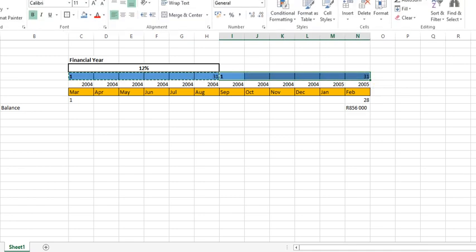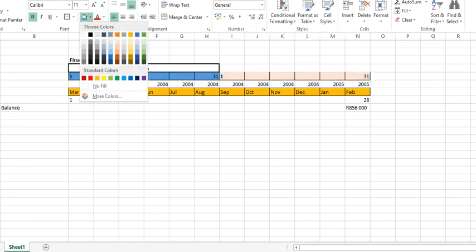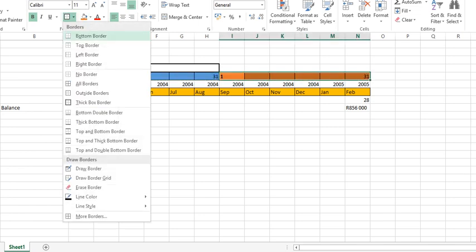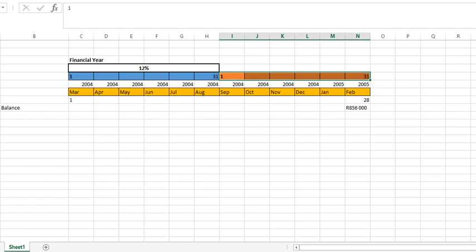Let's make this a different color. So we raised our interest to 13%, and this is the interest that we had to pay on our mortgage loan from the 1st of September up until the end of the financial year, being the end of February.